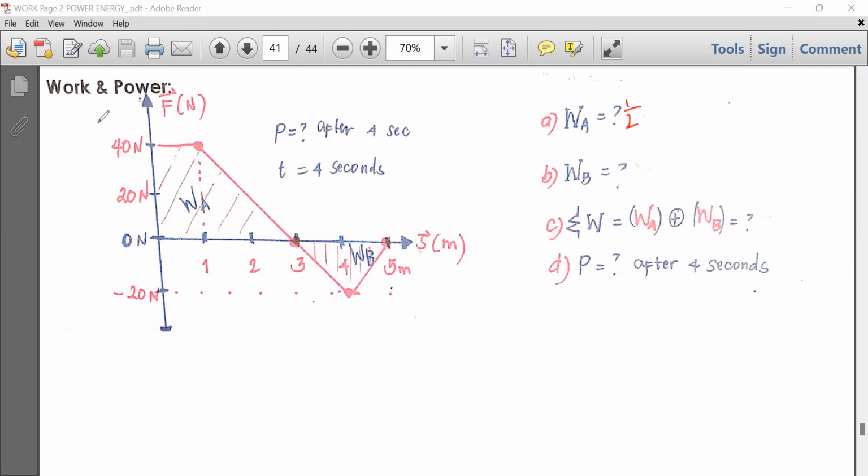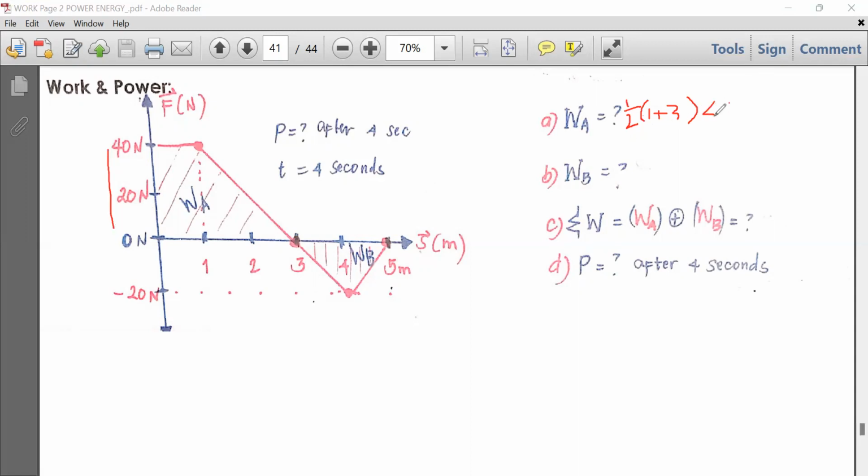Base 1 is 1 meter and base 2 is 3 meters. So 1 plus 3, times the height, which is 40 newtons.